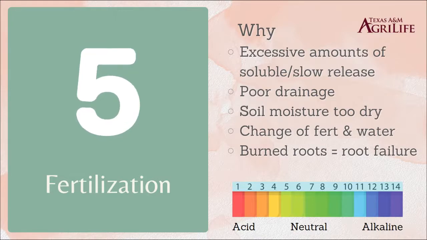When it's in the neutral zone, nutrients are able to be taken up by the plant much more efficiently. Once it goes to either end of those extremes, the nutrients become unavailable again. Rain doesn't necessarily dissolve excess fertilizer, so we can't really rely on that.